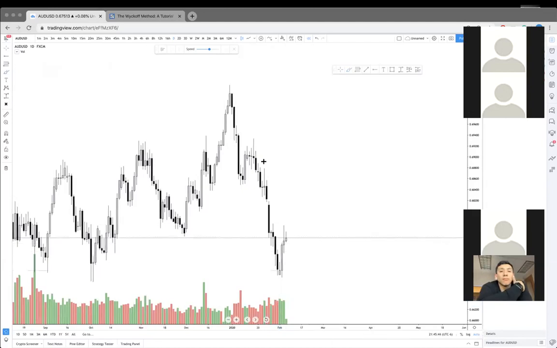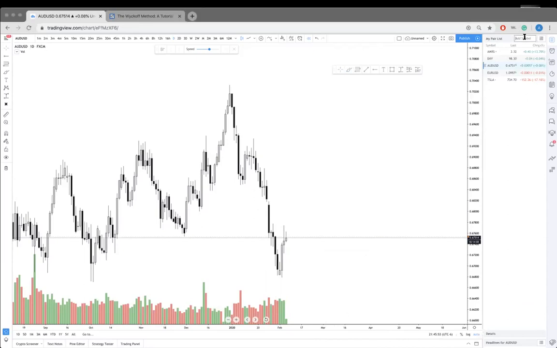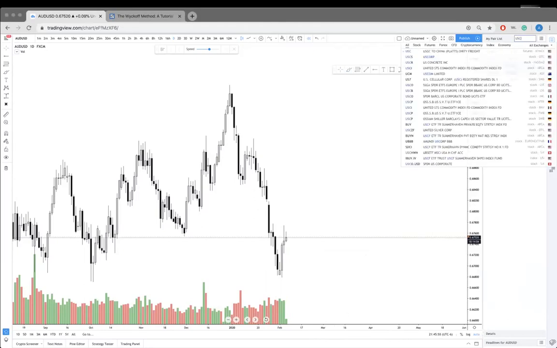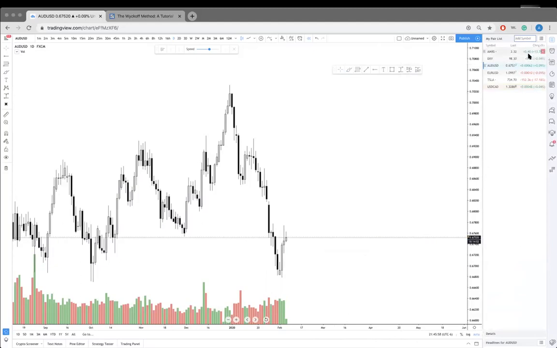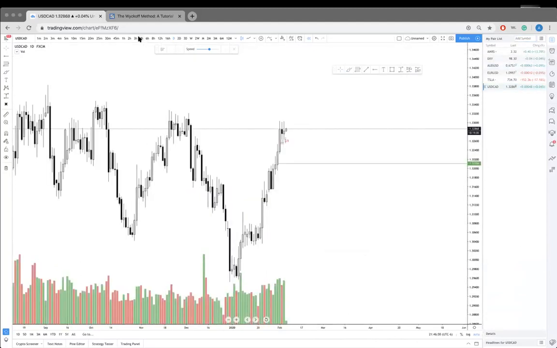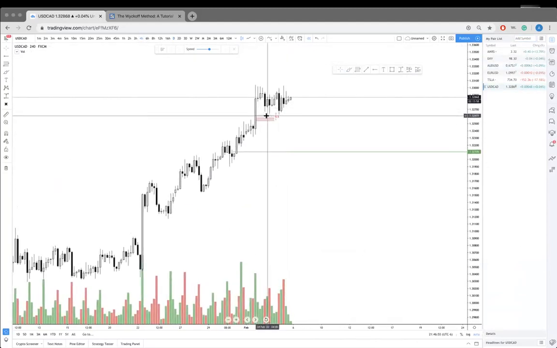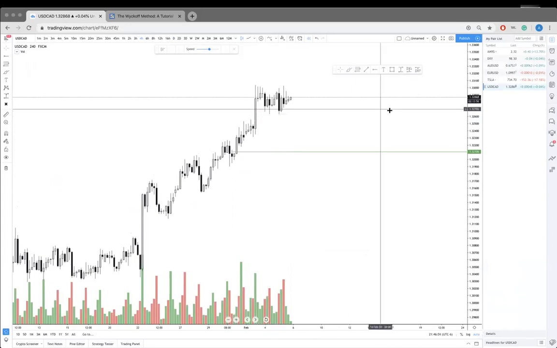Okay, cool. The other one I was looking at, which I didn't take, was USDCAD on the 4 hour. It just consolidated there. There is no trade yet because you're stuck in a range.